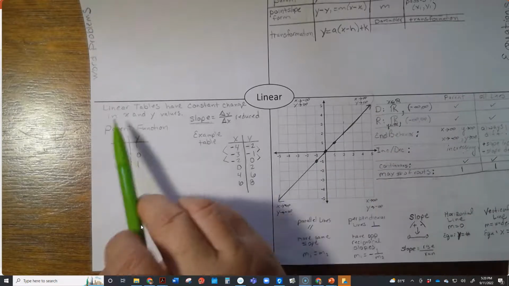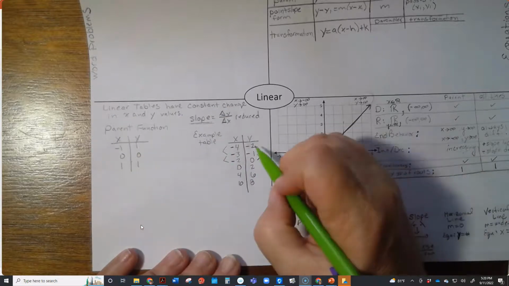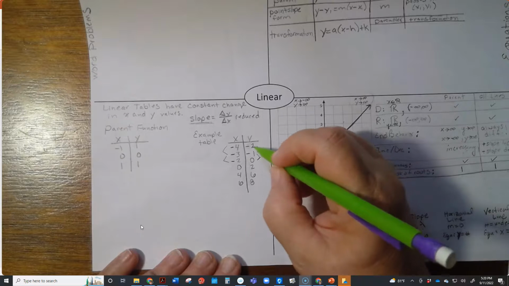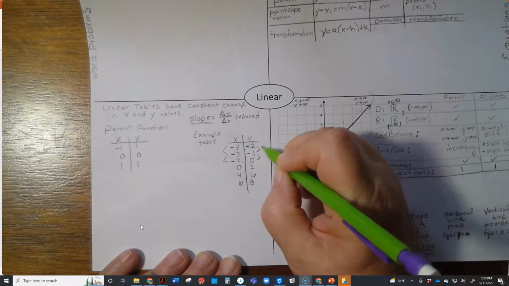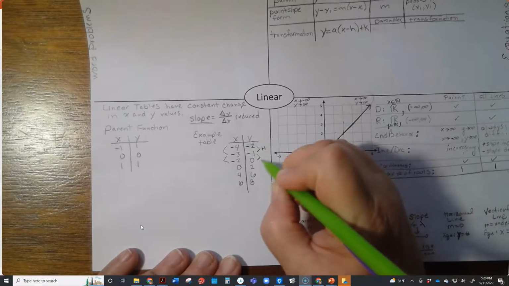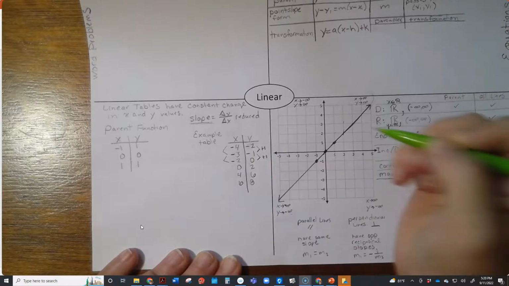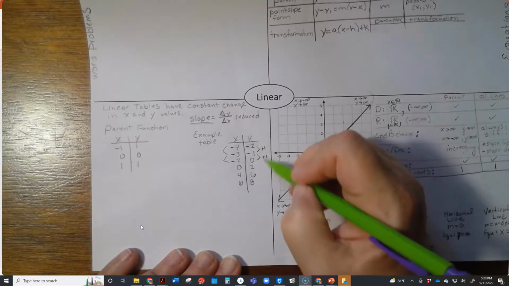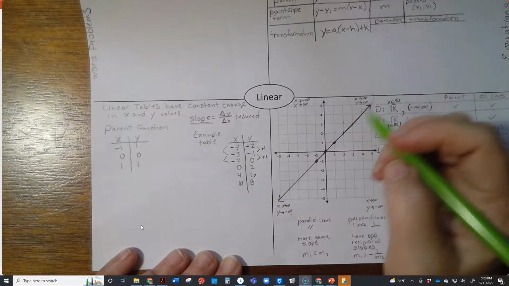When I say that linear tables have a constant change in the x's and the y's, that means when I look to see how negative 2 is changing to a negative 1, I'm making that change by adding 1. If I'm going from negative 1 to a 0, I'm adding 1. That's what I consider a constant change. It's a constant change of plus 1.